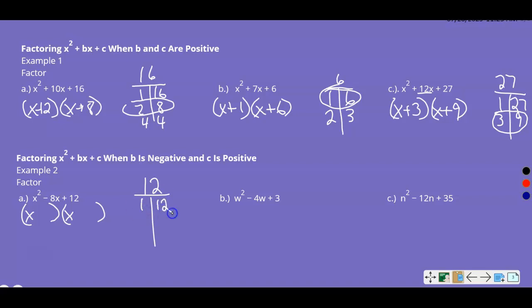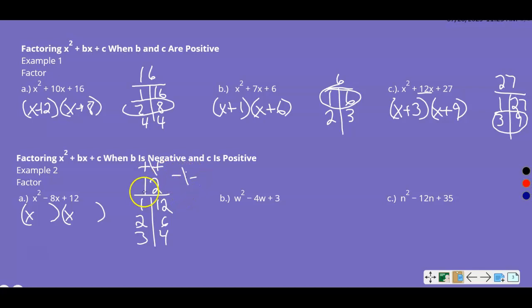So I'm going to have 1 and 12, and I have 2 and 6, 3 and 4. 5 does not go into 12. 6 does 2 times. All right, now think about the signs. What multiplies to give me a positive 12? Either two positives or two negatives. In order to get a negative 8 in the middle, I'm going to have two negative signs.